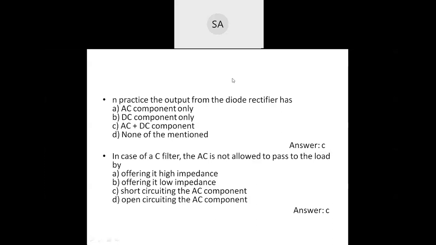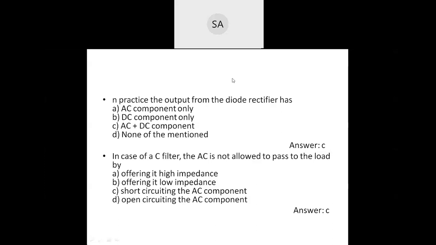The output of the diode rectifiers we discussed, the half wave and full wave rectifiers, is not only DC; it also consists of an AC component, that is, ripples along with the DC. So the option is AC plus DC component.